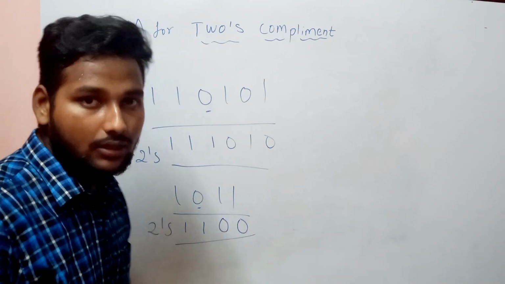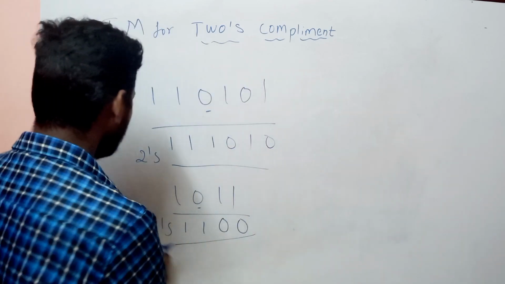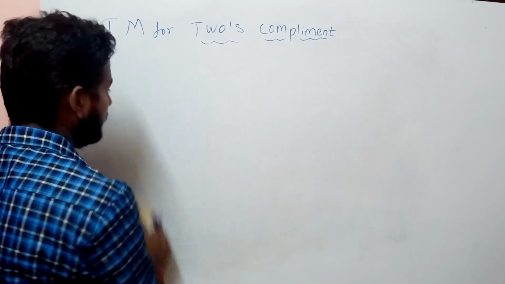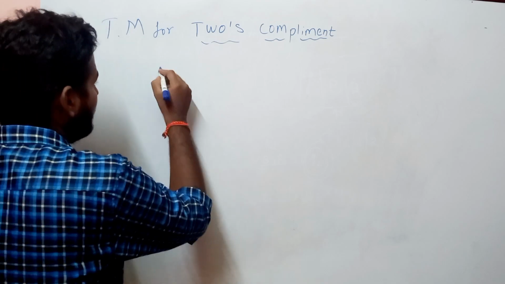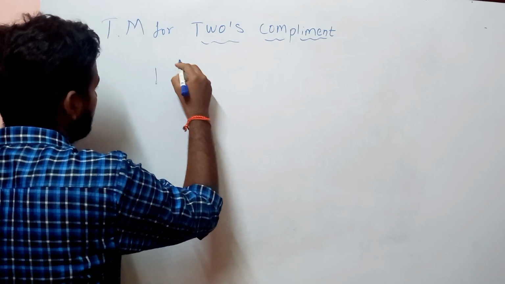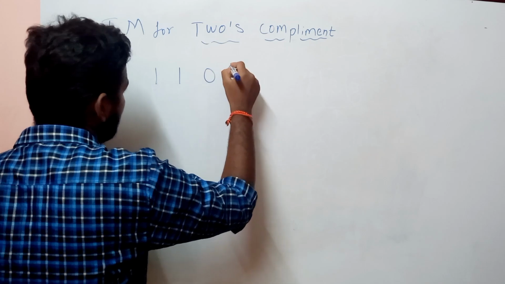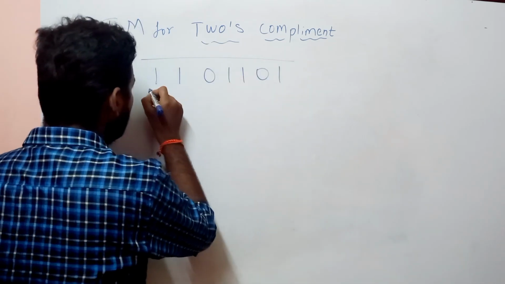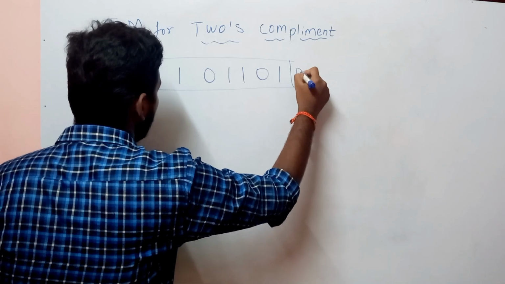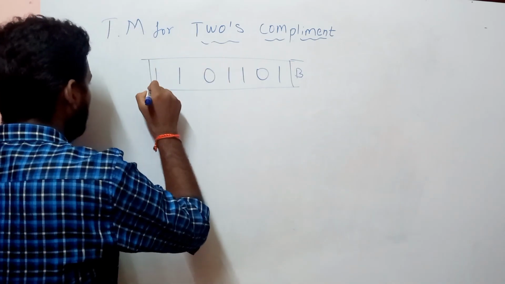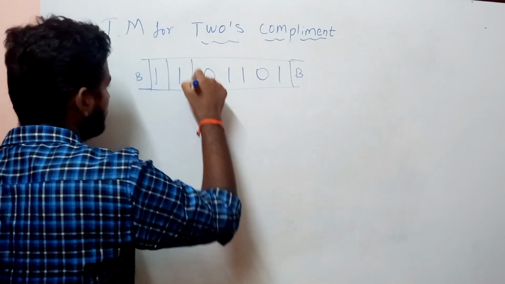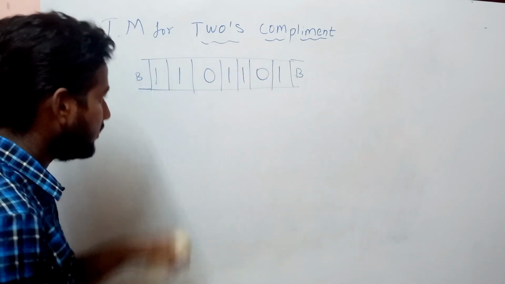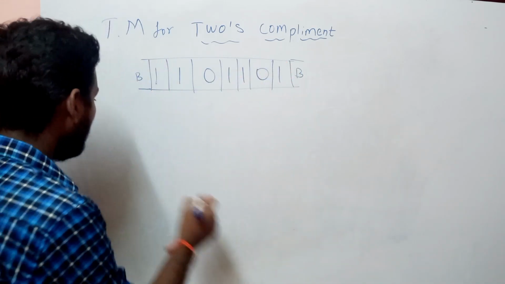Now we construct the Turing machine. Let us take an example string, 110101. This is the string we can consider.